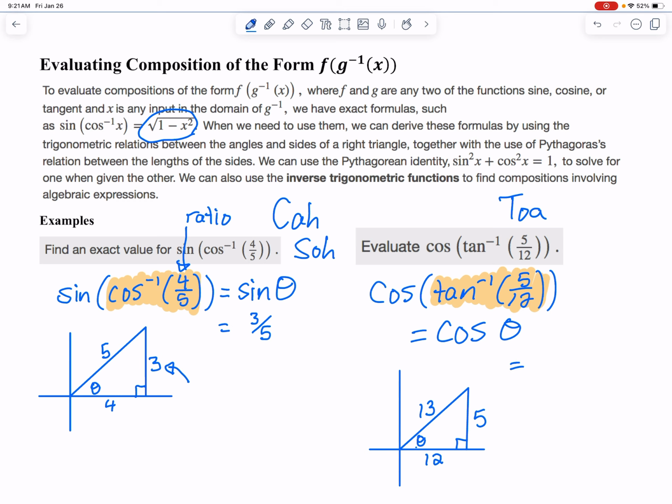Well, cosine is "Cot, another hippie," so adjacent over hypotenuse. So that ratio is going to be 12 over 13. Again, no formulas. All I'm doing is drawing what the expression tells me to draw, writing it around my triangle, finding my third side, and then reevaluating the new trig ratio.